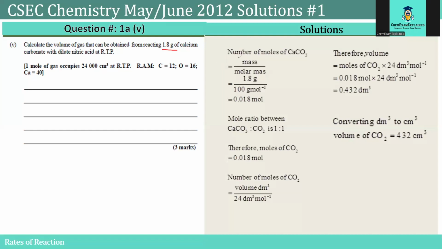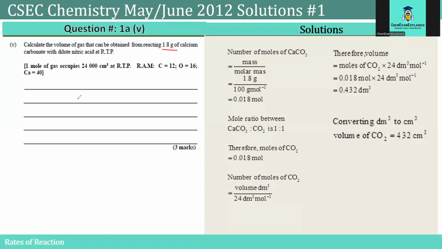We take the mass of calcium carbonate given in the question divided by the molar mass of calcium carbonate, which is 100 grams per mole. So 1.8 grams divided by 100 grams per mole, and our answer is 0.018 mole. This is the mole of calcium carbonate.